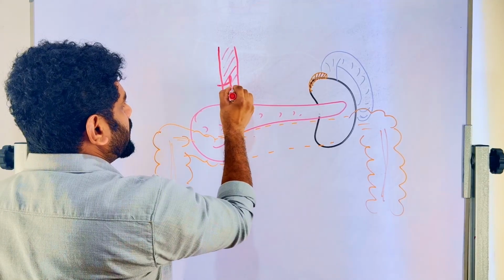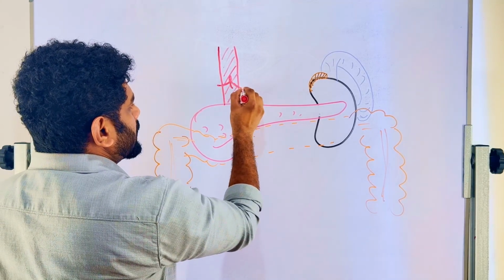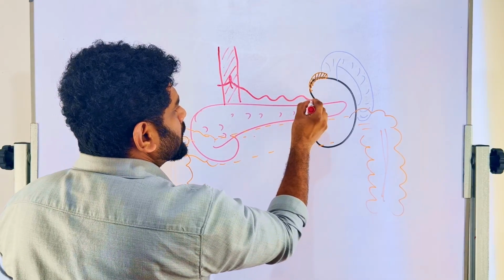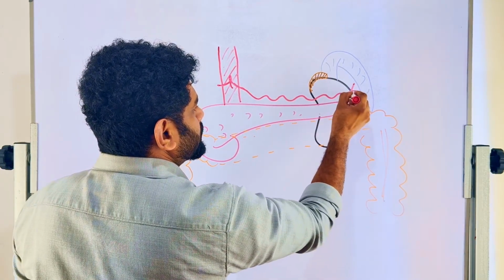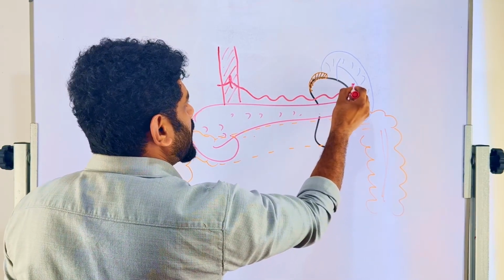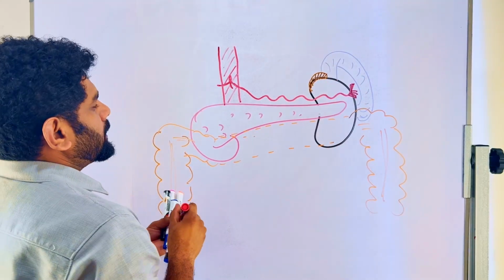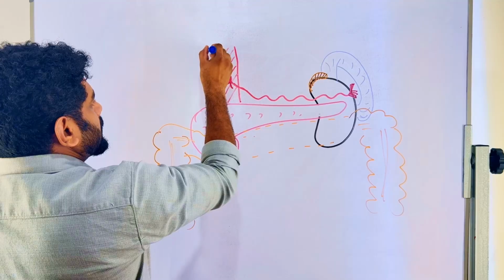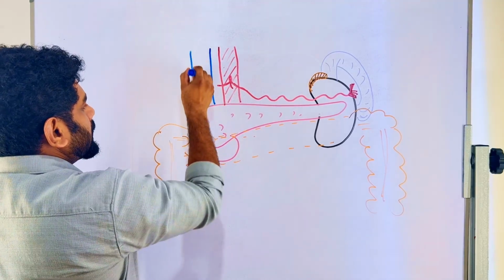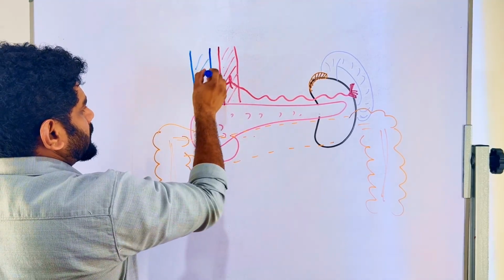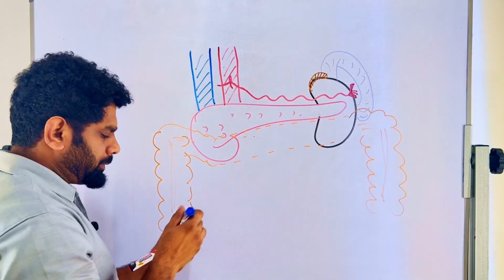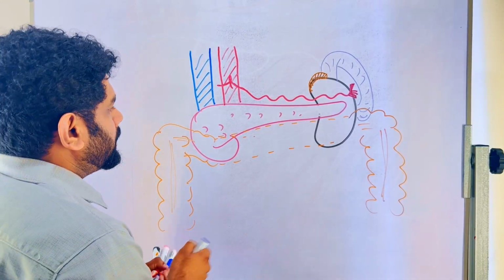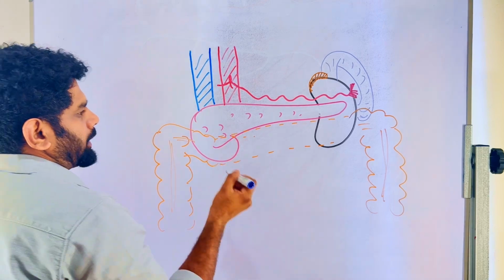Now it will divide into three branches, and this branch will continue as the splenic artery. Here we have the splenic artery, and here is the inferior vena cava.